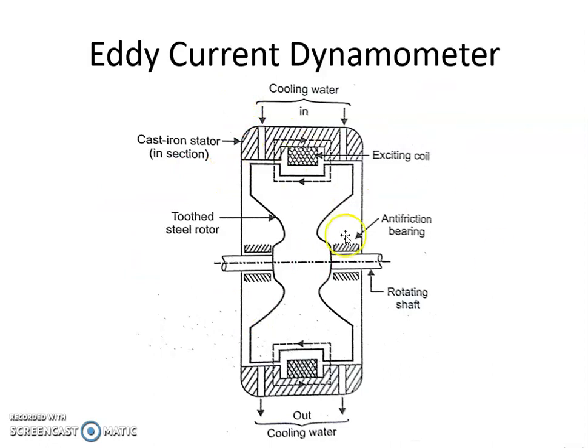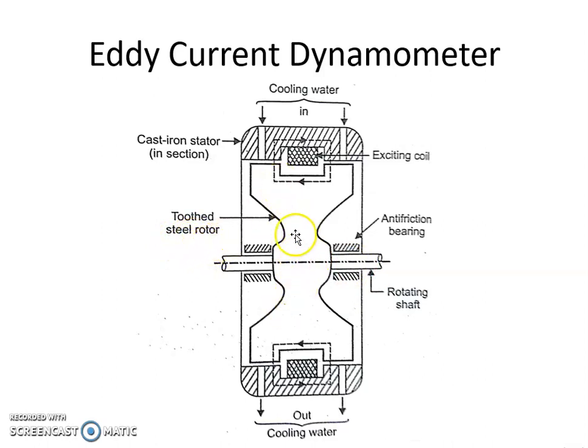So let us see its construction and working. There are exciting coils, and there is a cooling arrangement made here. This is the inlet for cooling water and this is the outlet, and there is a rotating shaft whose shaft power is to be determined, and it is coupled to a toothed steel rotor.